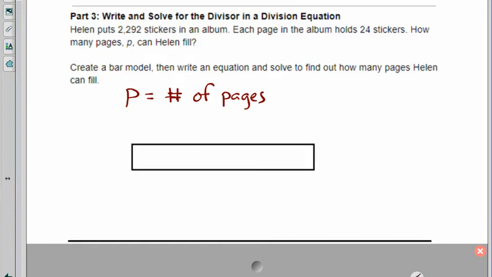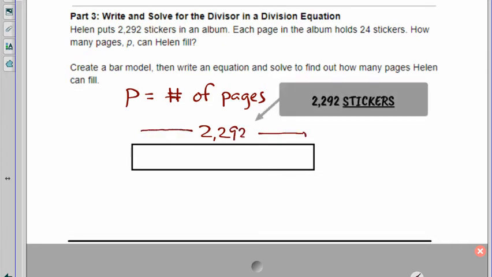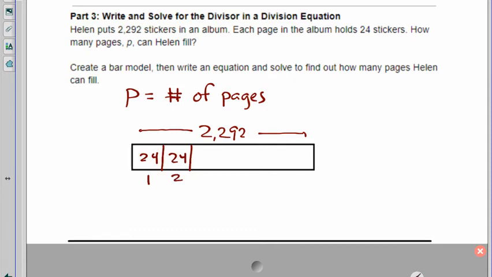And here's a bar that represents all the pages in my album. And that number, the total, is 2,292. And on each page, we fit 24. There's 1 page, 2 pages, and I want to know how many pages P.